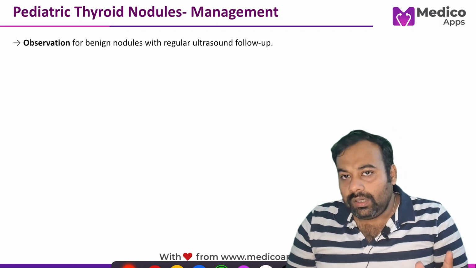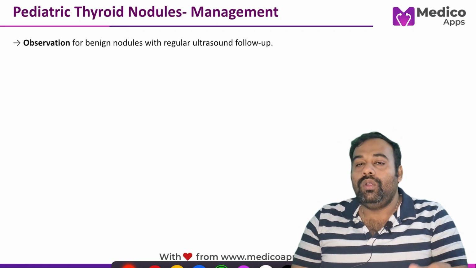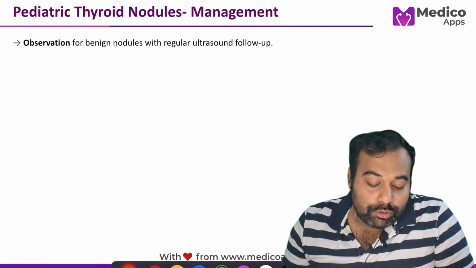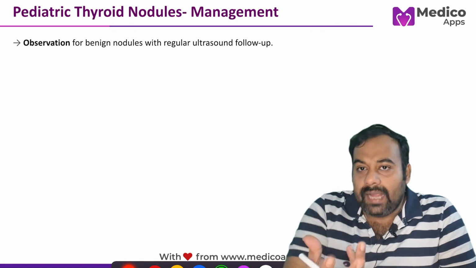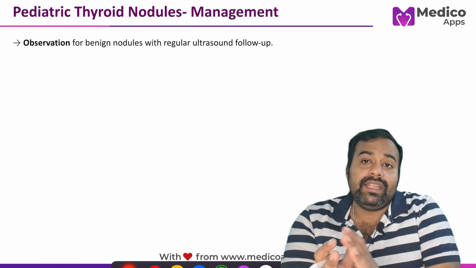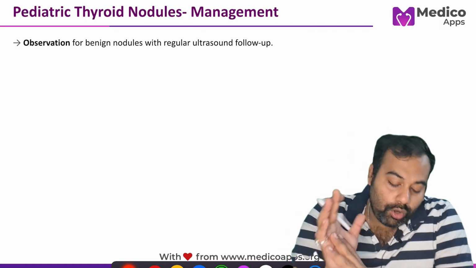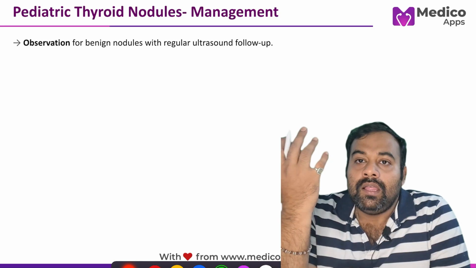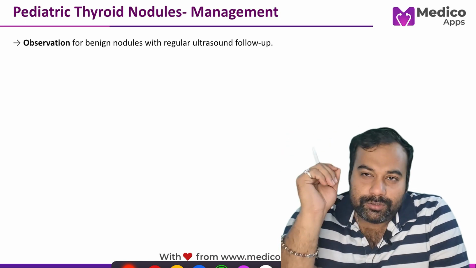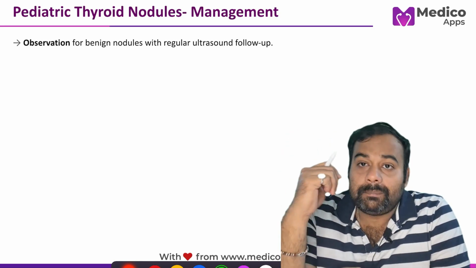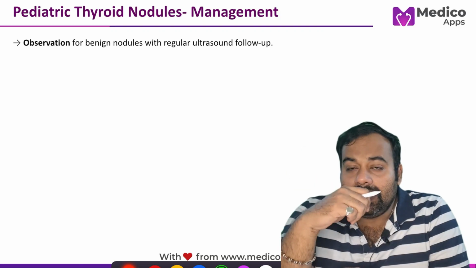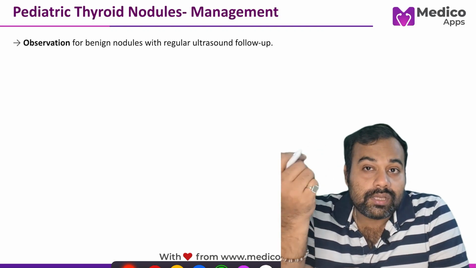Now, how you should go with this cytology report: in case of a benign lesion, you should always start with conservative management, but you must ask the patient to come to your clinic with a regular ultrasound follow-up.